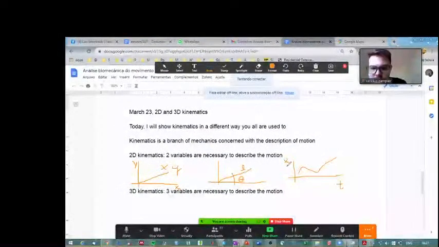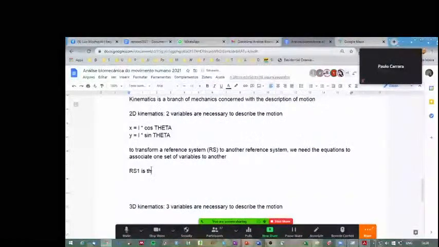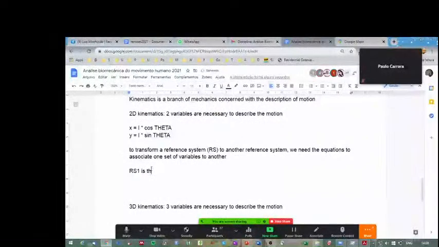So reference system 1 is the Cartesian system, so x, y, and z.